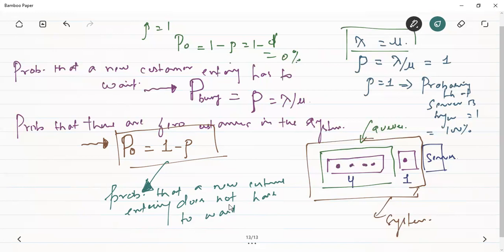Okay, he will directly get serviced. कब उसको वेट करने की जरूरत नहीं पड़ेगी? जब सिस्टम में कोई पर्सन ना हो. तो सिस्टम में कब कोई पर्सन नहीं होता है? जब सर्वर आइडल होता है. और सर्वर आइडल होने की प्रोबेबिलिटी क्या है? 1 - रो.